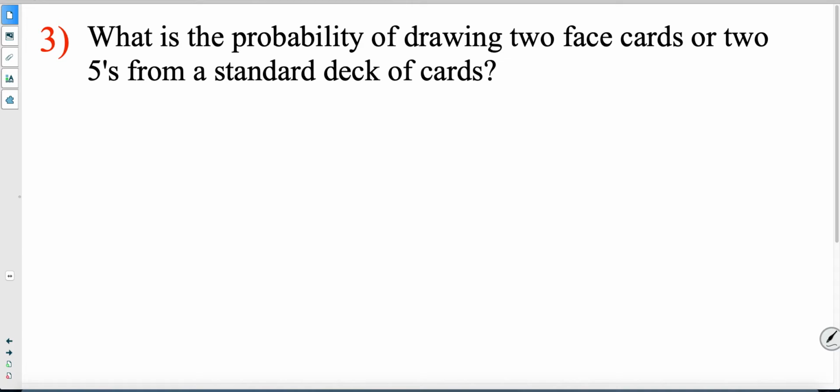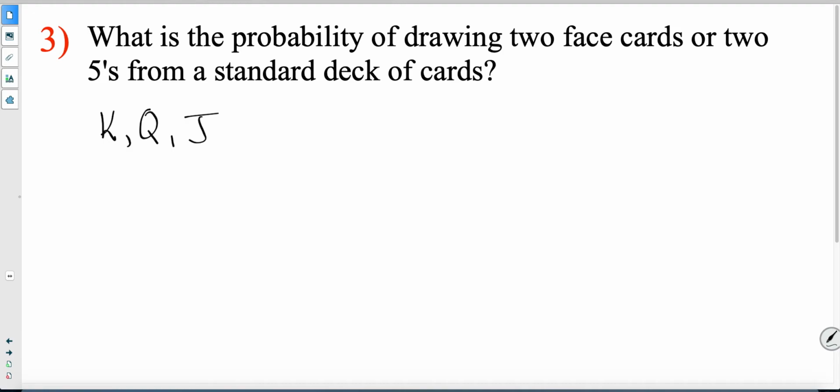So what is the probability of drawing 2 face cards or 2 5s from a standard deck of cards? You need to think about how many cards that's going to be. Face cards would be king, queen, or jack, because they have the characters on them. They're the face cards.